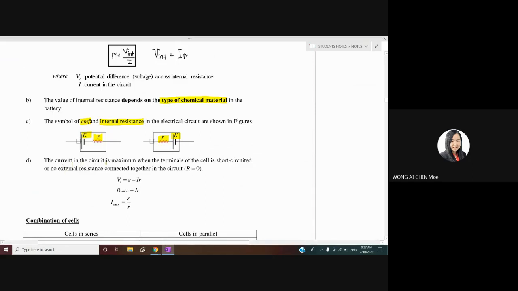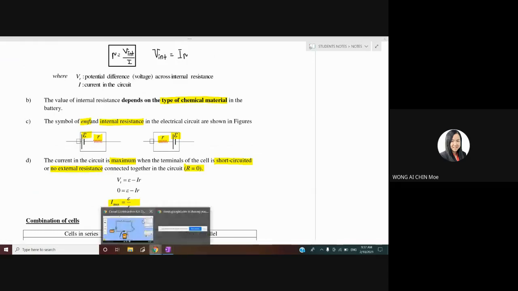The current in the circuit is maximum when the terminal of the cell is short circuited, or no external resistor is connected. When will we get maximum current? When you want to get maximum current, meaning that your R must equal 0. So we refer back to just now.